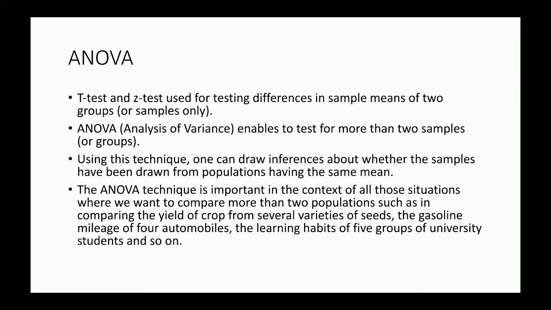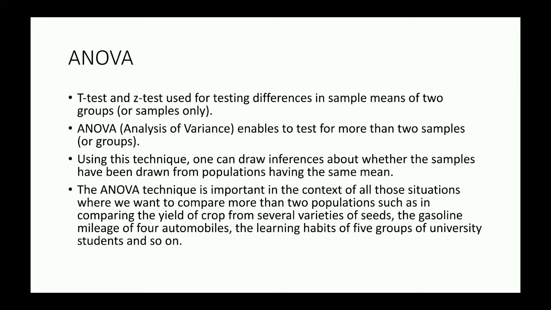So more than two sample means, or more than two groups, can be compared using ANOVA. Using this technique, you can draw inferences about whether the samples have been drawn from populations having the same mean or not. Again, you can check whether the samples which are drawn belong to the same population or not.